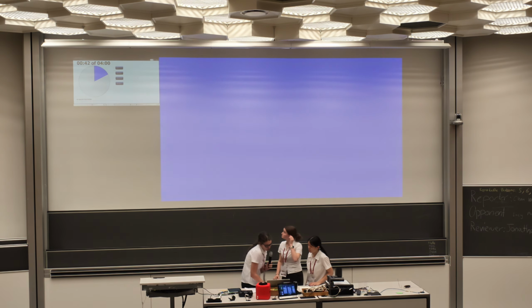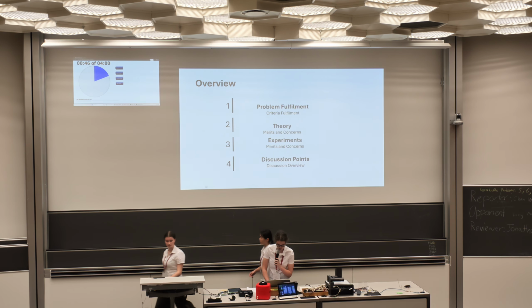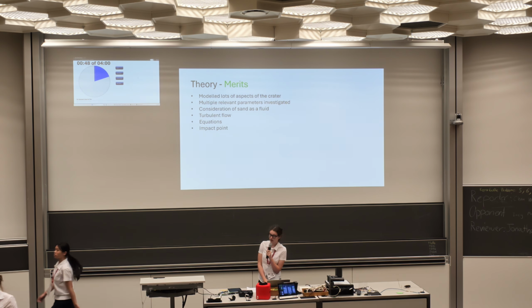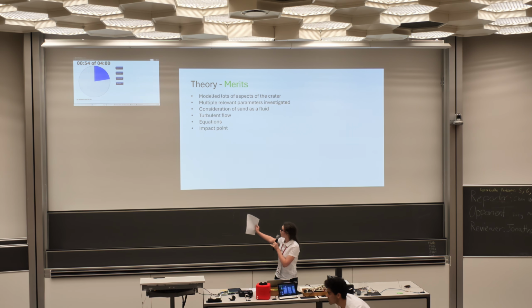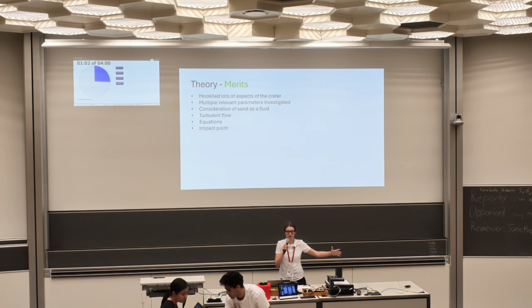So, to my evaluation, in terms of the merits of the theory, there were lots of positions of the crater considered. There was also consideration of the sand-water mixture and how it is almost fluid-like.